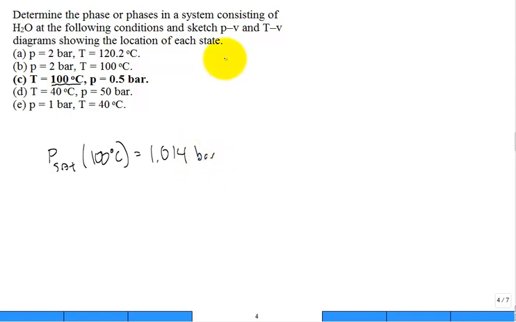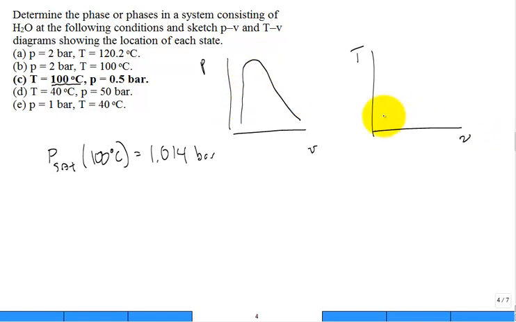All right, so we can go put a pressure volume diagram, put a temperature specific volume diagram, go ahead and put our dome on, and then try to draw on a pressure volume diagram a line of constant temperature of 100 degrees C. Let's do that.